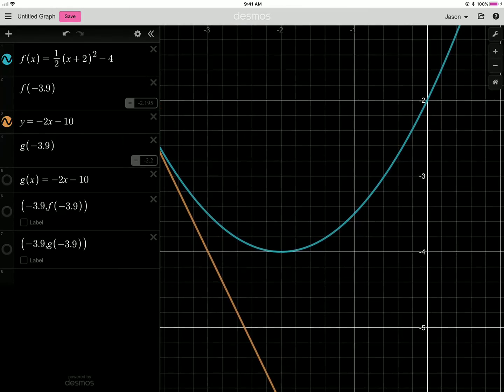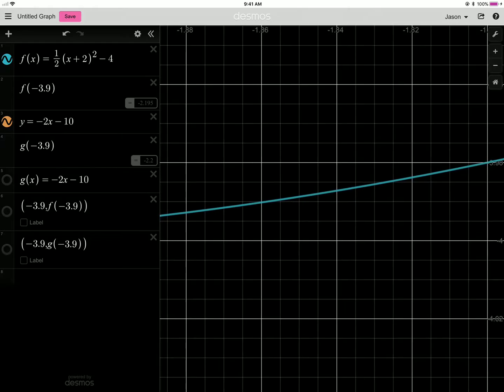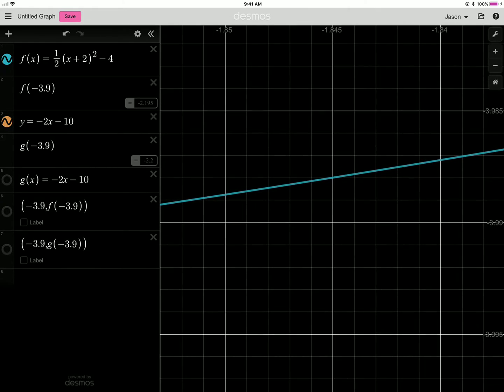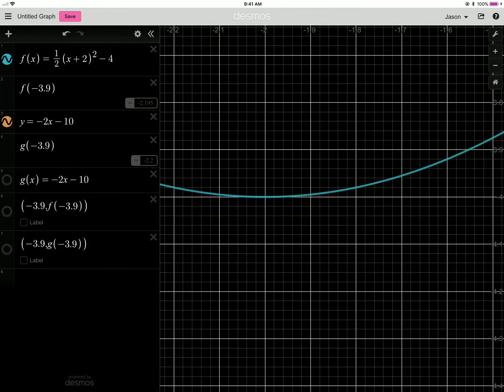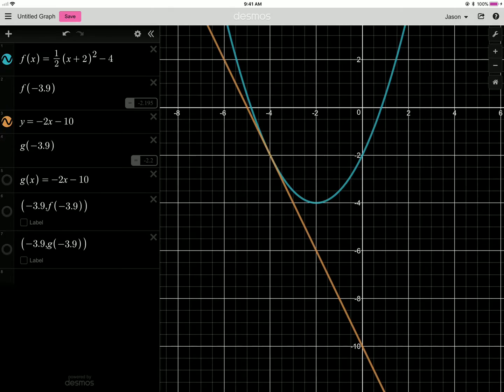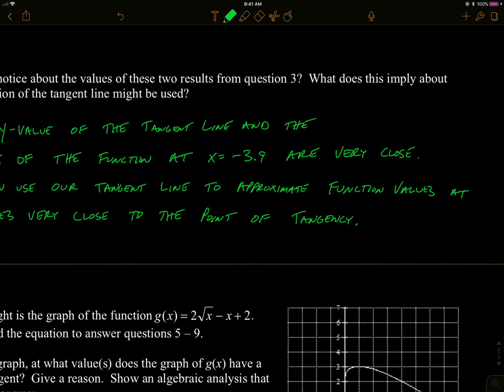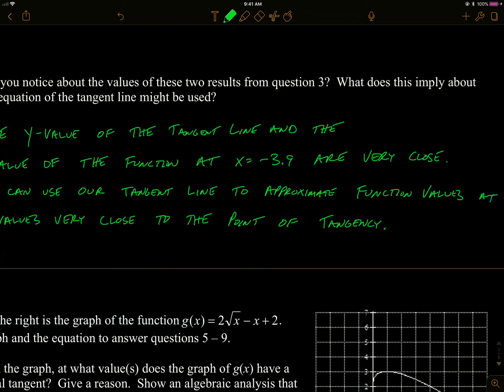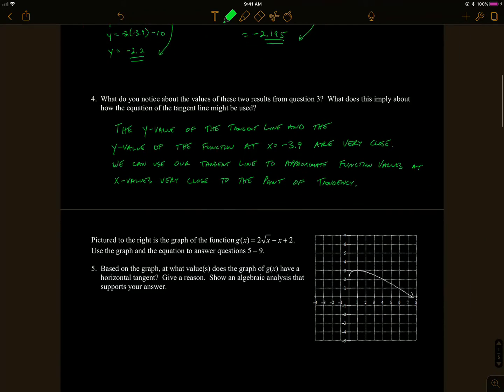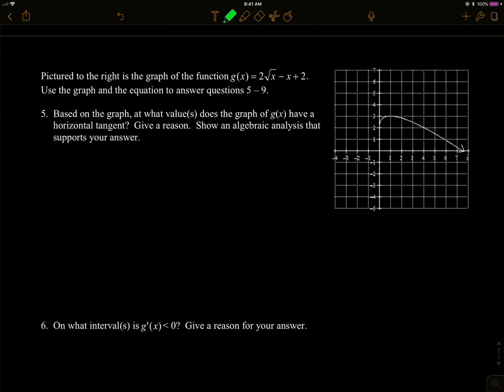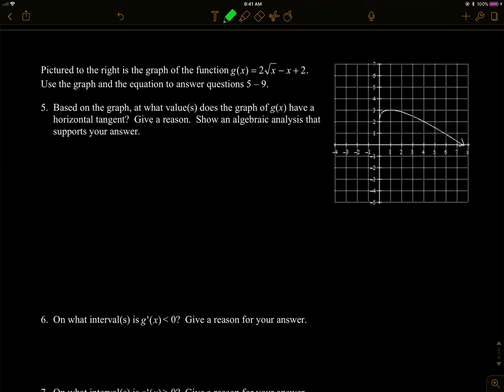Even if I were to look at a really curvy part down here at the bottom, if I zoom in close enough, it becomes linear looking. So that's why this thing works, okay? But it only works if you're zoomed in really far, meaning your x values that you're trying to approximate for are very close to the point of tangency. That's the only way it works. All right, so we're going to use that idea as we go through this. That's sort of a new thing.